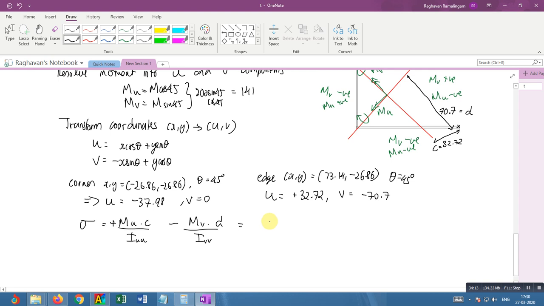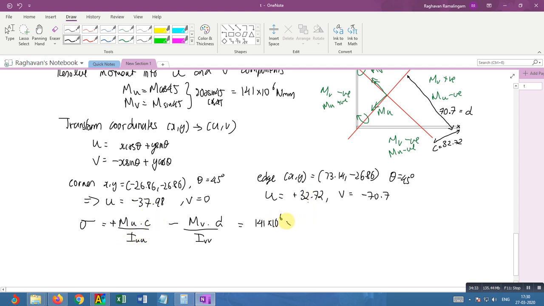Both of them are 141 into 10 power 6 Newton mm. I will use the 10 power 6 because everything is in millimeters.